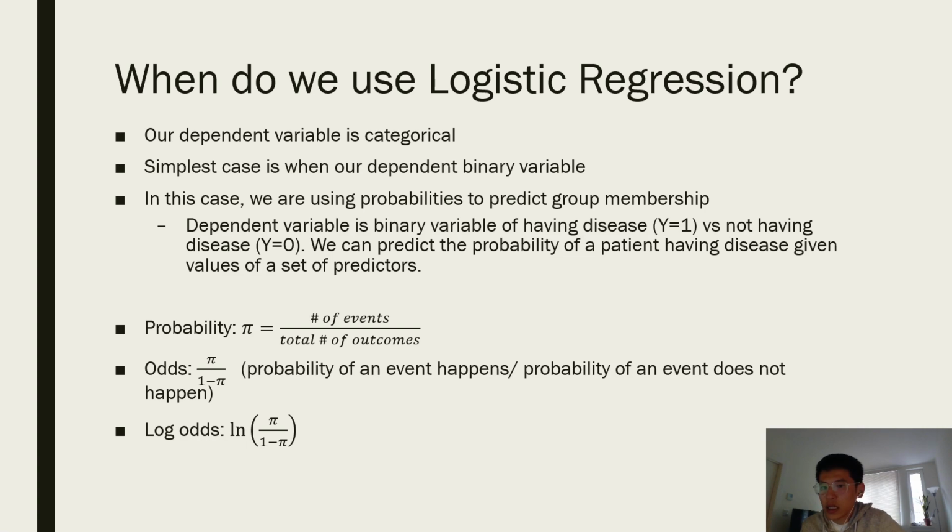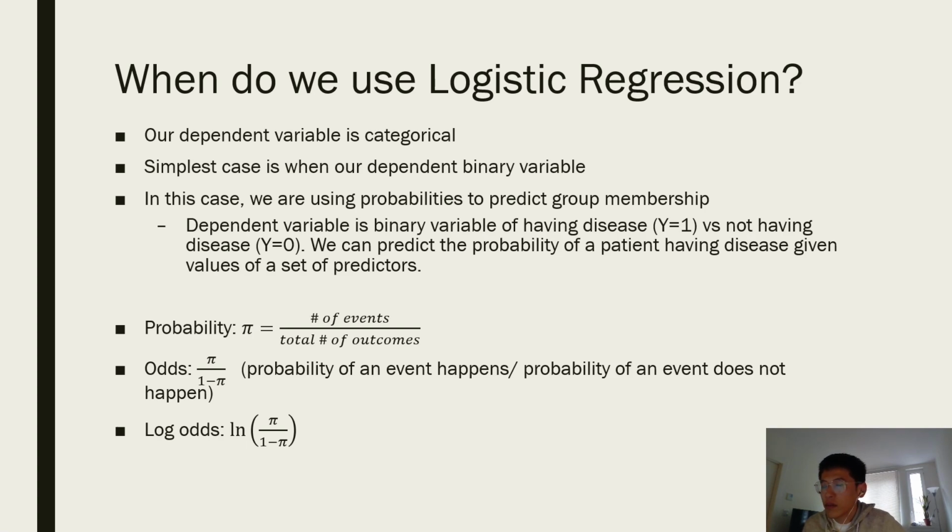In this case, it is kind of hard for basic multiple regression or simple regression to capture the variance, right? Because it's just zeros and ones.